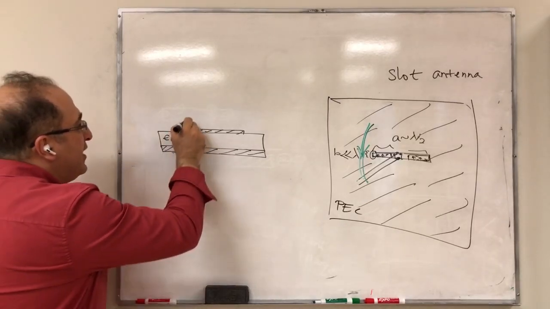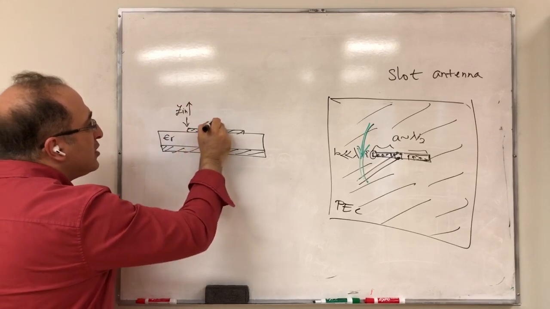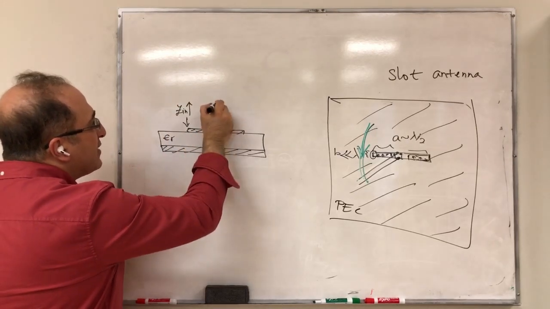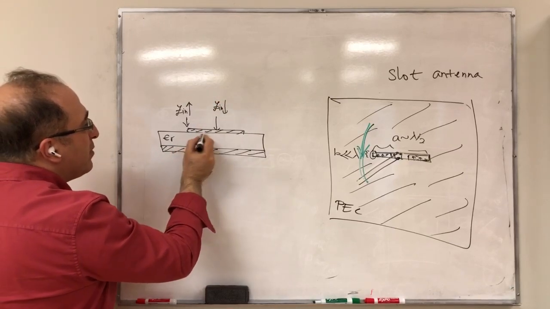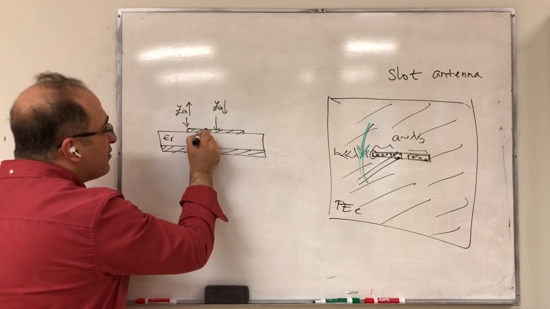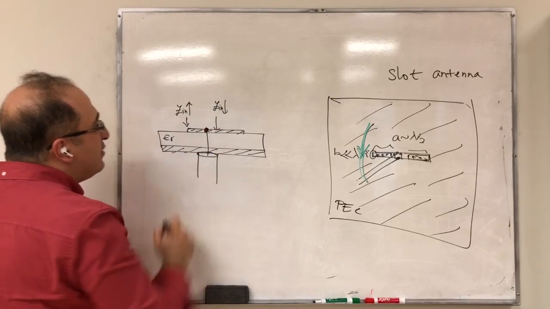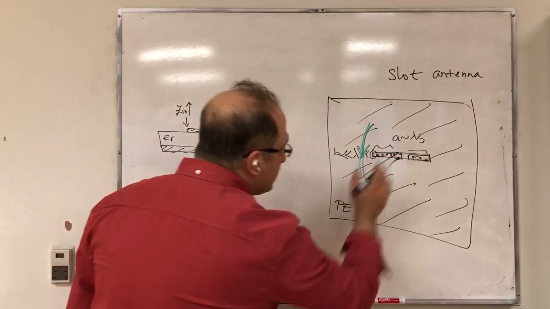We said here the impedance is going to be very large. Here at the center, the impedance is going to be very small. So we probably feed it with some offset. For example, you remember we feed it at this point, with some offset here. So this is very similar to this case.